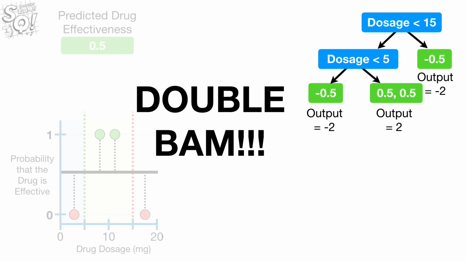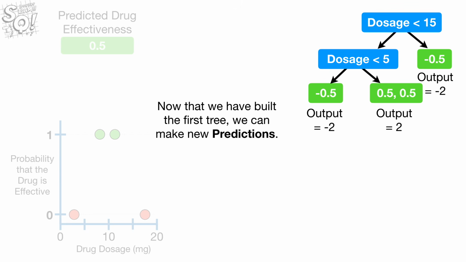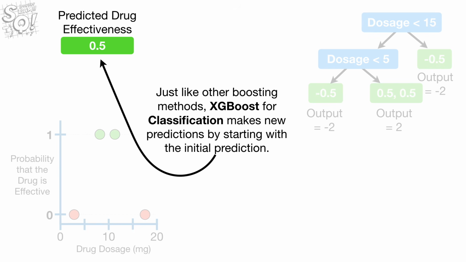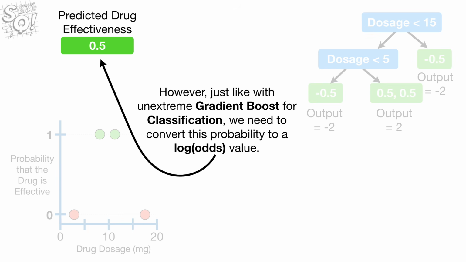Double bam! Now that we have built the first tree, we can make new predictions. Just like other boosting methods, XGBoost for classification makes new predictions by starting with the initial prediction. However, just like with unextreme gradient boost for classification, we need to convert this probability to a log odds value.